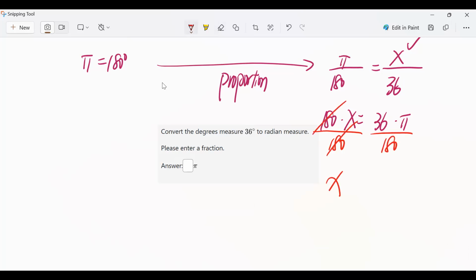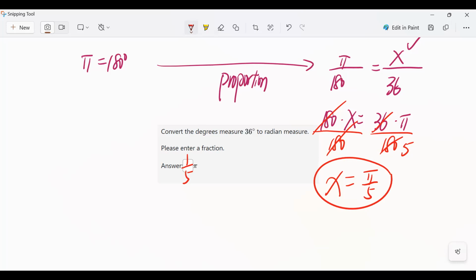And so x equals, reduce it, right? 36 over 180 could be reduced by 36 actually. So this is 5, right? Pi over 5. That means this is 1/5 of pi.